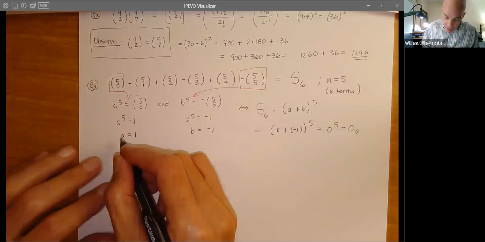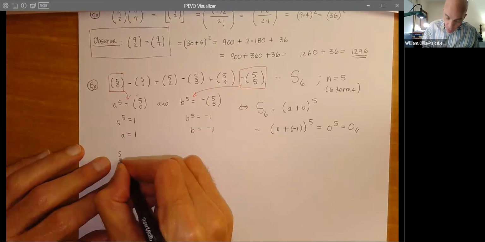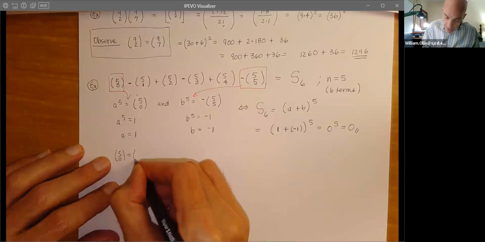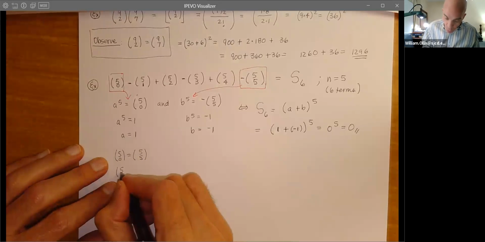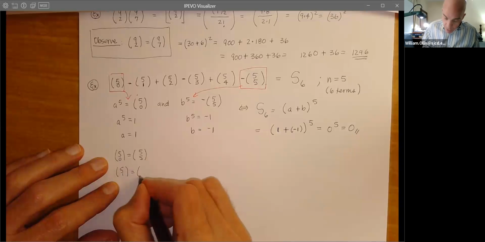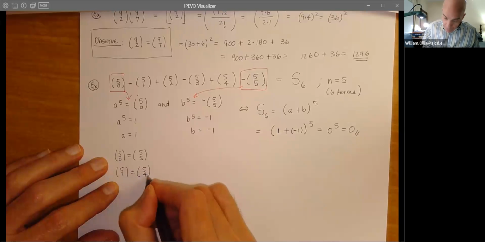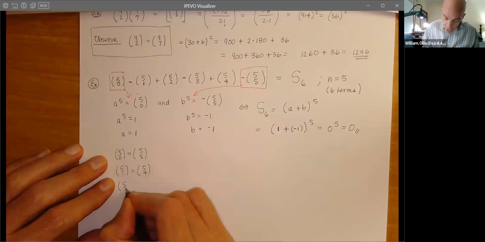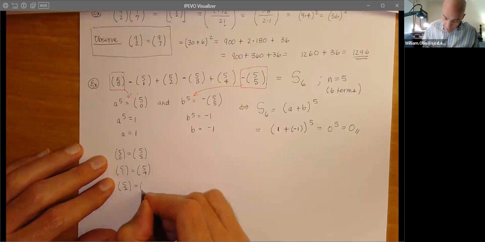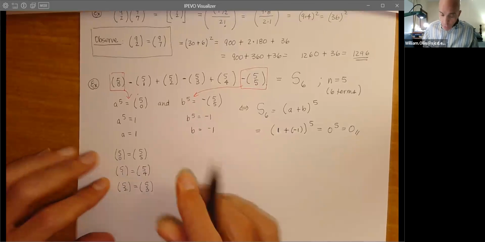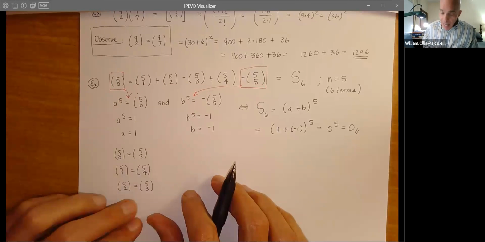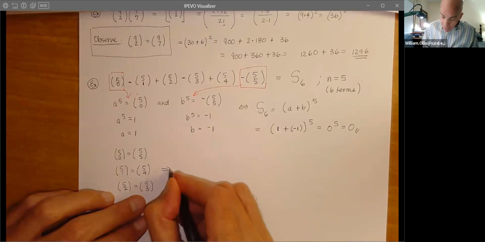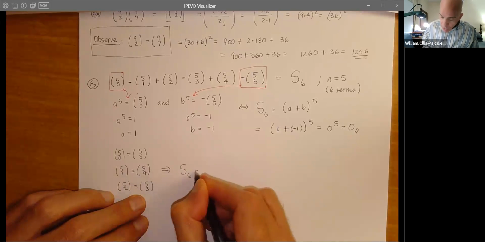We can say this. We know 5 choose 0 equals 5 choose 5. We know 5 choose 1 equals 5 choose 4. We know 5 choose 2, well, this is harder actually, equals 5 choose 3. These are all equal by the first identity, but now they have equal and opposite signs. So this would imply that S6 is also 0.